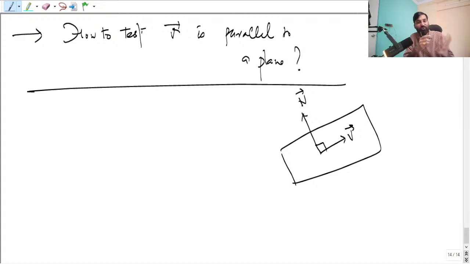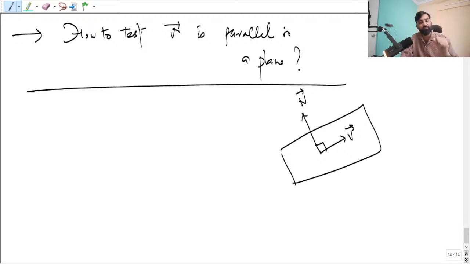So if someone asks you, with a vector given and the equation of a plane given, first of all, from the equation of the plane you should be able to find the normal vector, right? And if somebody asks whether this vector is parallel to a plane, you just take the dot product with the normal vector.